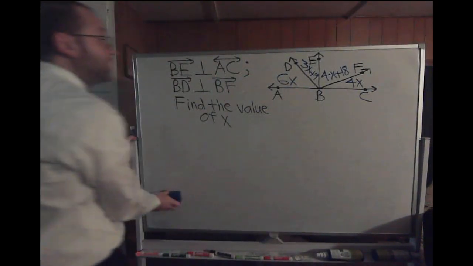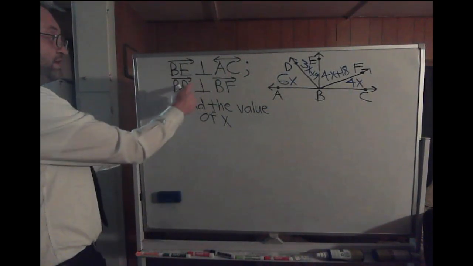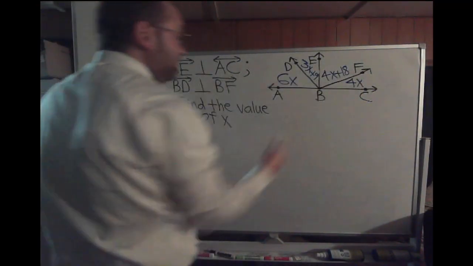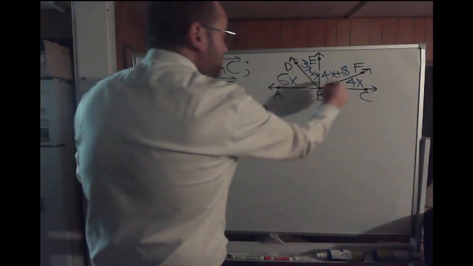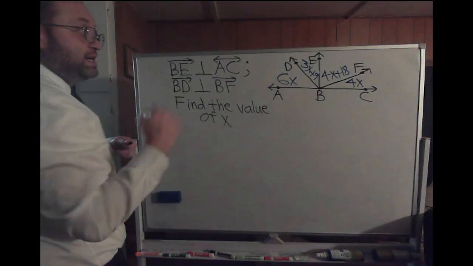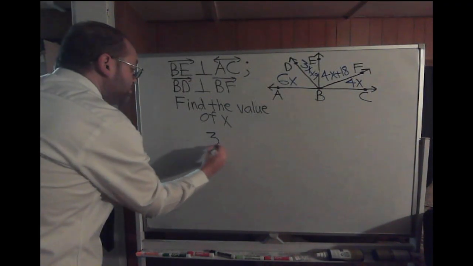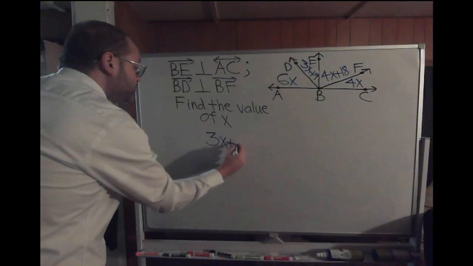Alright. Now we also have here that ray BD is perpendicular to ray BF, which means angle DBF should also be a 90-degree angle. These last 2 ones I don't recommend, but if you like the challenge, you can do it.